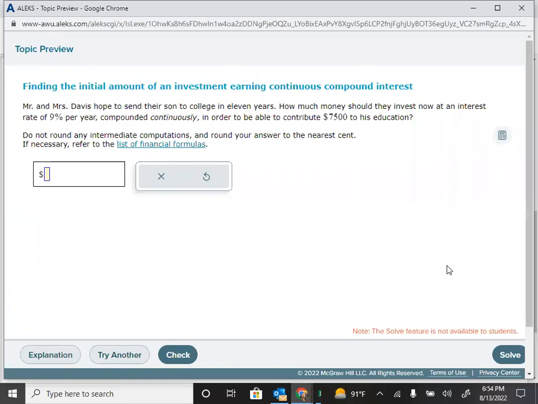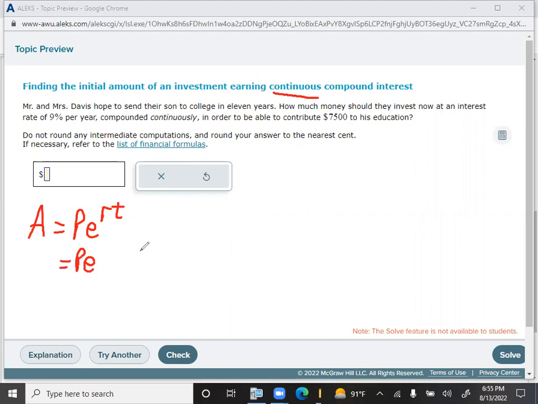Okay, new one. There's some similarity here. We're still talking about interest compounded continuously, so that means we're going to be using the Pert equation. Mr. and Mrs. Davis hope to send their son to college in 11 years. How much money should they invest now? So we're looking for P, so I'm not going to plug anything in for it.